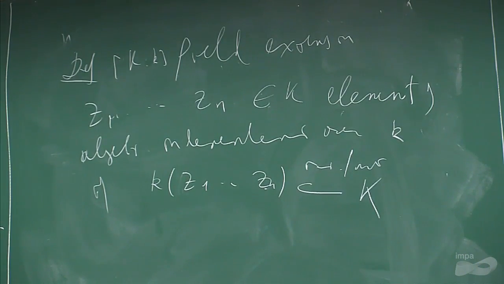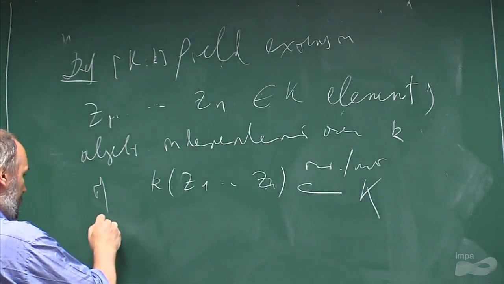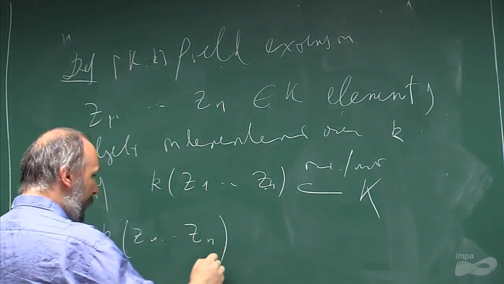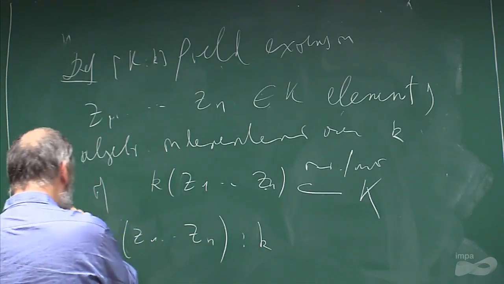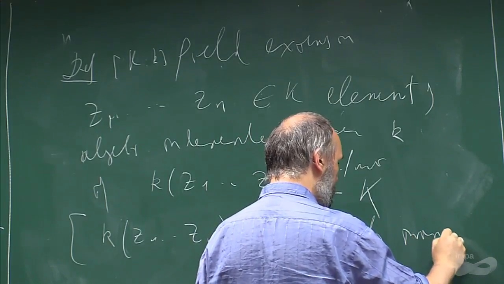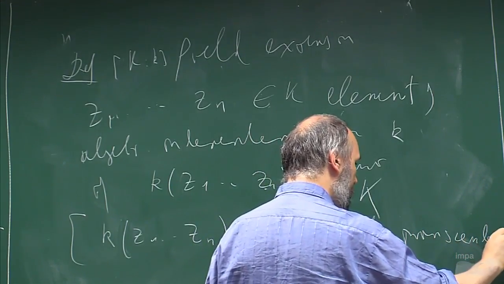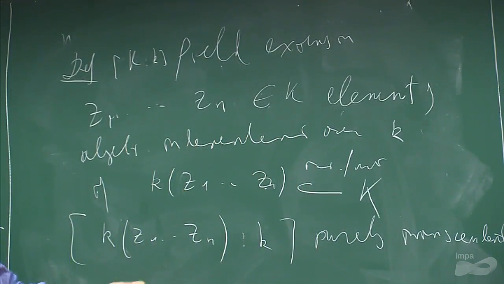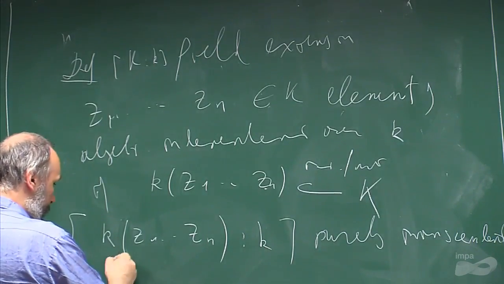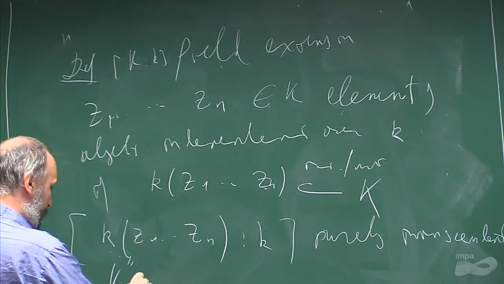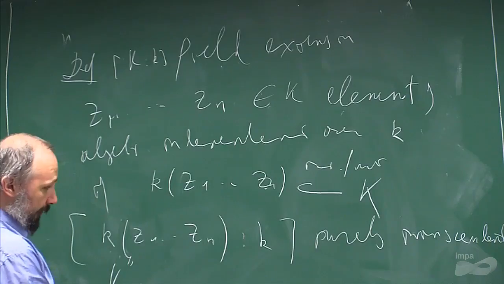Also, this is the corresponding extension, which is called purely transcendental. So you have k of z1 dot zn over k small, called purely transcendental by algebraically independent elements. This means that the extension is purely transcendental if and only if k big is just rational functions.